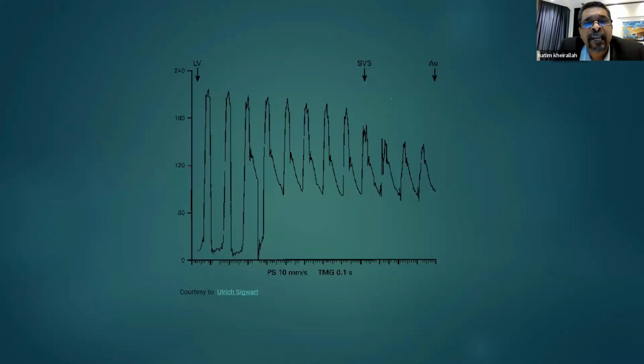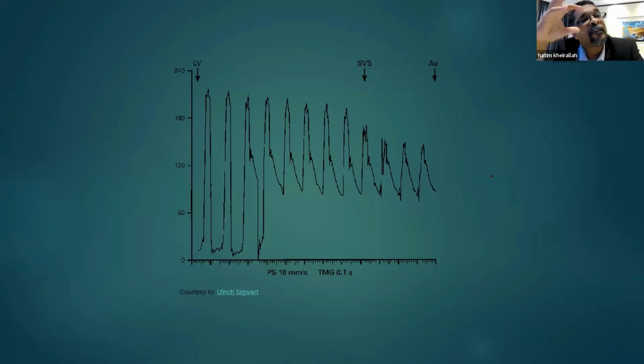Now, when you see a tracing like this one, the first thing you should describe it as is pullback. Pullback means I have one catheter and I am pulling it back from one chamber to another chamber, getting different tracings consecutively as I am moving backward.